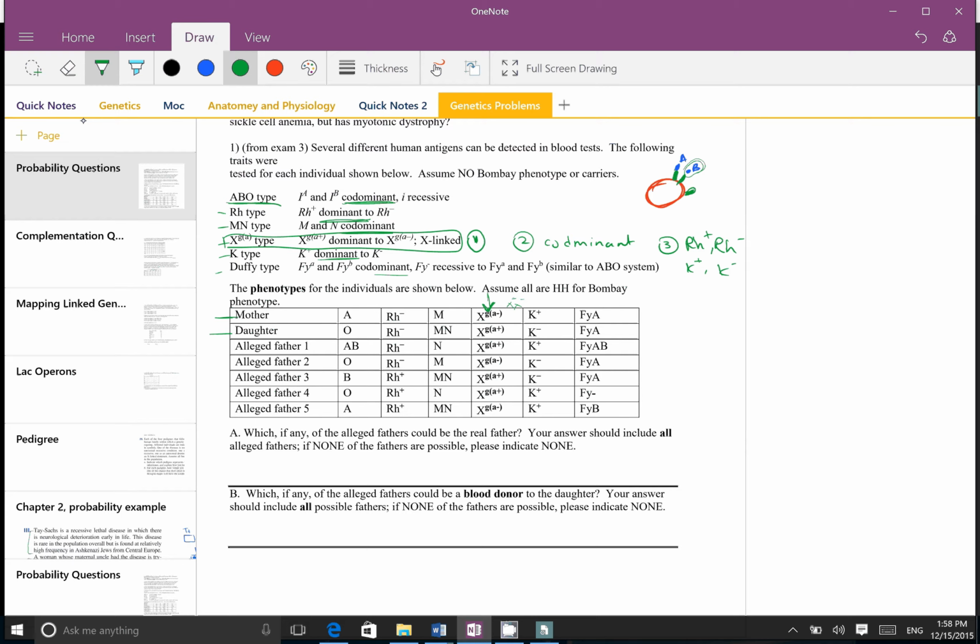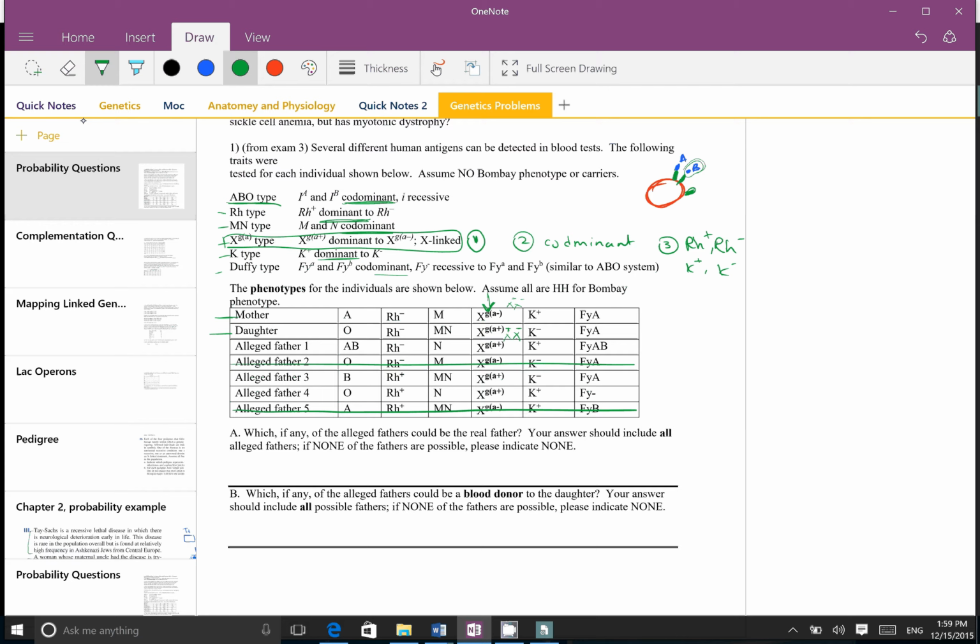She gives one negative copy to her daughter, and she must have gotten the positive copy from her dad. So we look at fathers that have positive copies, since they have only one X chromosome. Alleged father number 1 stays, alleged father number 2 is out of the question, and alleged father number 5 is also out of the question.